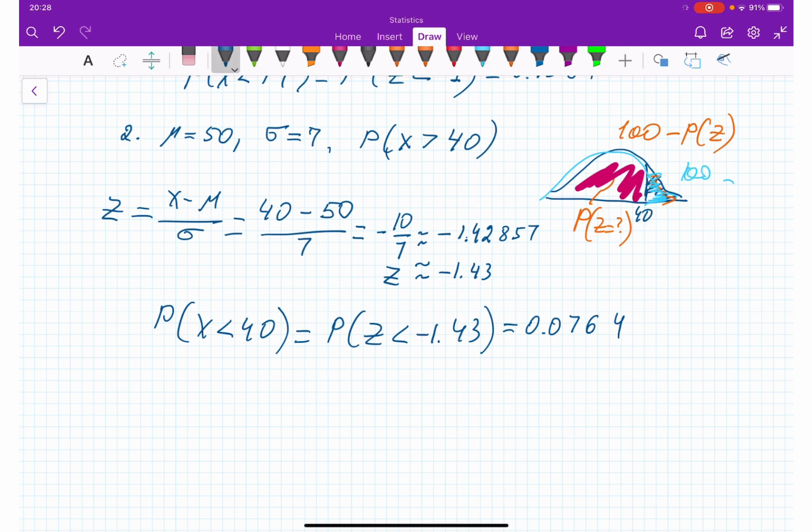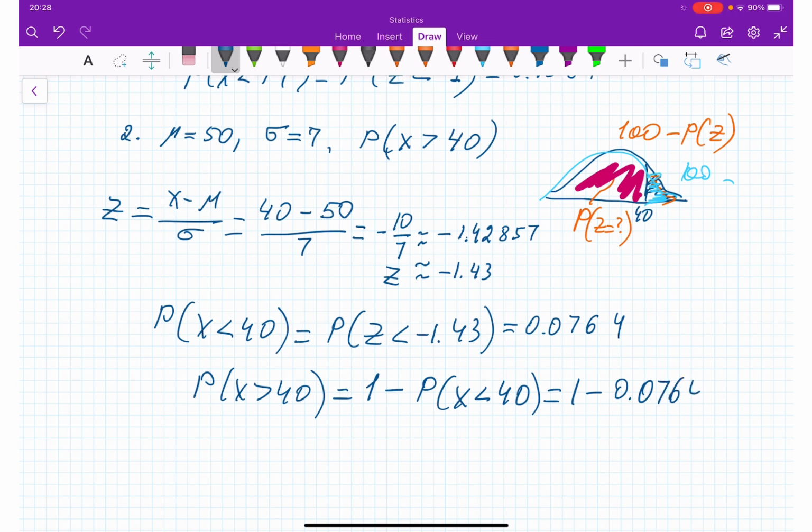So the probability for x greater than 40 is equal to 1 minus the probability for x less than 40, which is equal to 1 minus 0.0764, and we are going to get, hold on, let me subtract, I can do it here, 1 minus 0.0764.